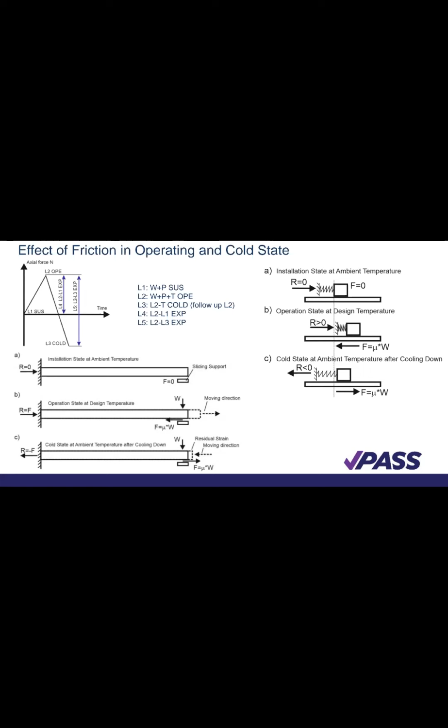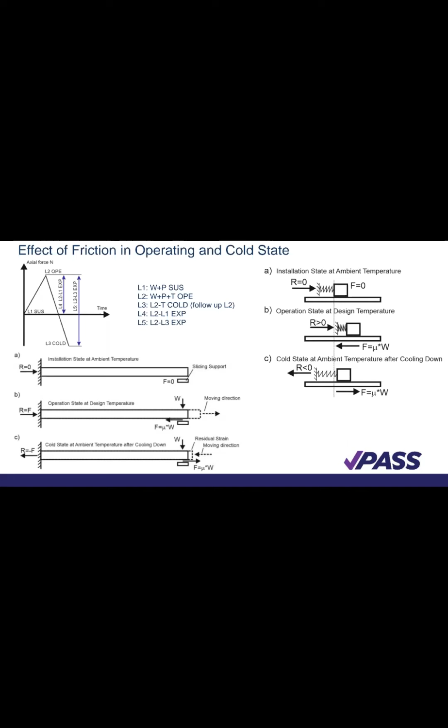So the operation state is the state whereby the pipe is already carrying the fluid, or transporting the material from one point to another as required. Whereas the cold state has to do with the state at which it's not in operation.